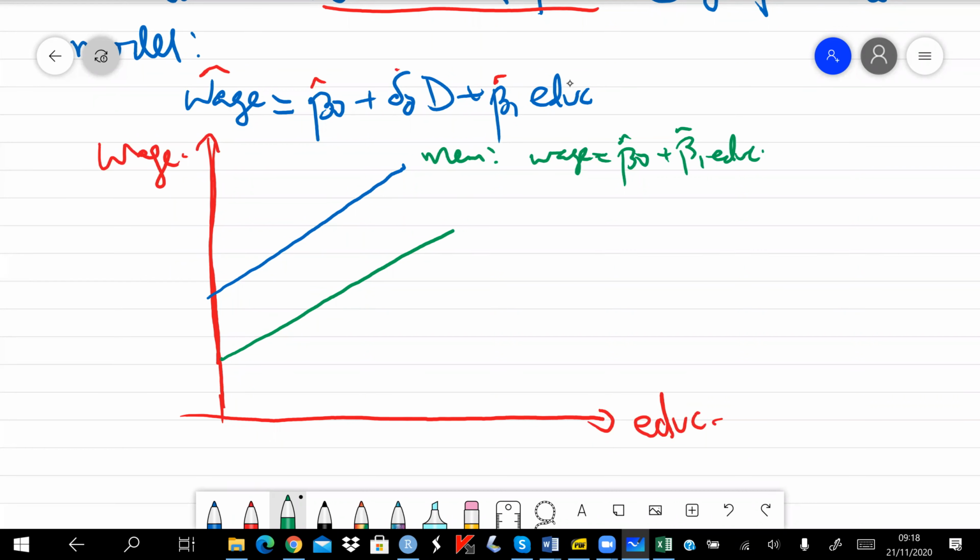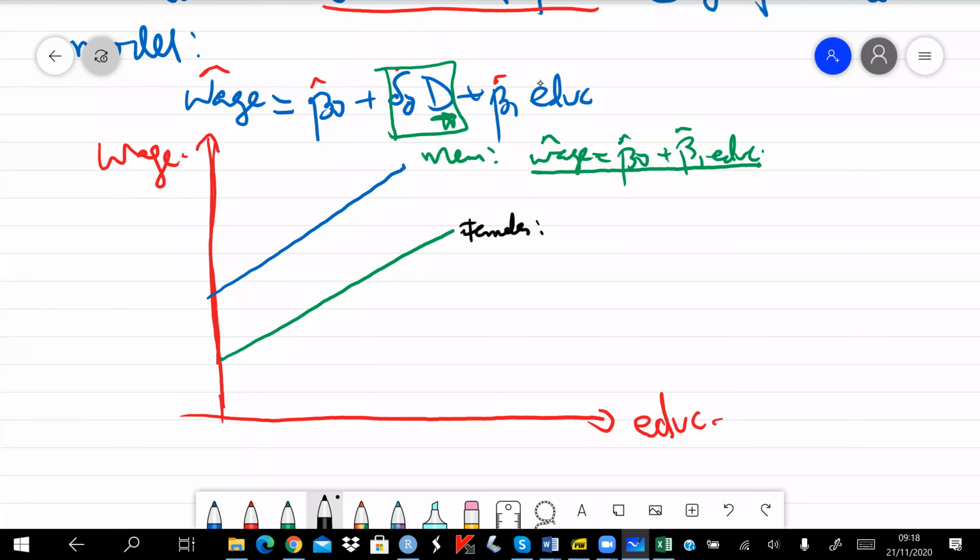I hope you can see that, because for the males, you put 0 here. So once you put 0 here, this item goes away. You are left with this model. So that's how you predict the wage for males. Then for the females, it is the model the way it is.